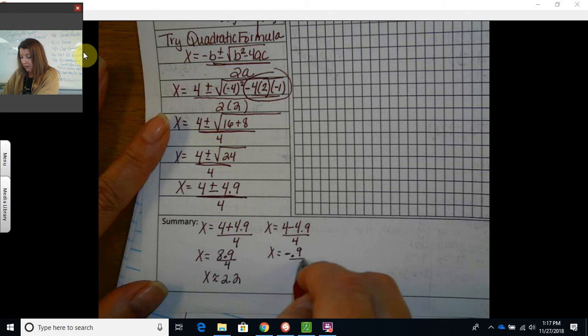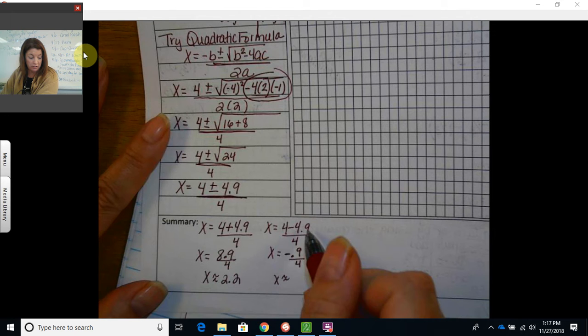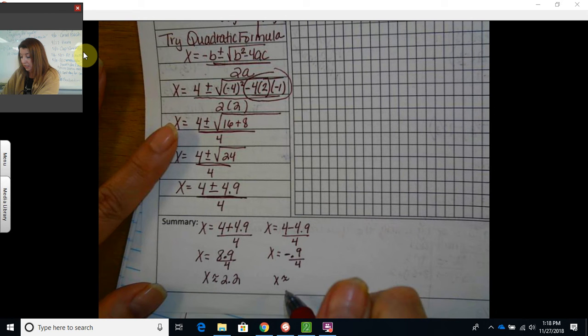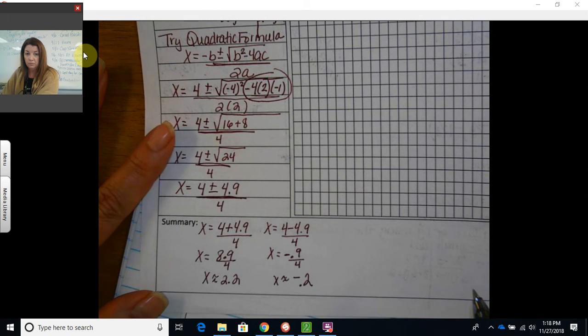And remember, 4.9 is an approximation. We rounded it. So that's why I'm saying x is approximately negative 0.2. So those are my two x-intercepts. They're a whole lot easier to find on the graph than 4 plus the square root of 24, quantity, divided by 4, and 4 minus the square root of 24, quantity, divided by 4.